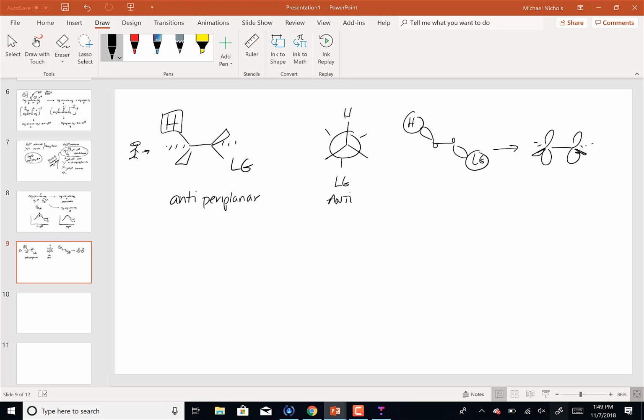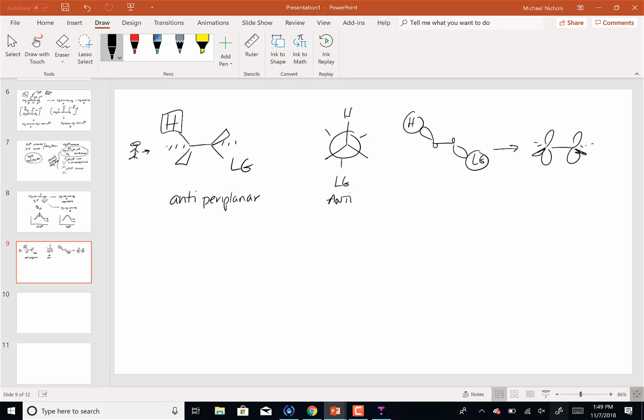They now overlap with two electrons, and I form the pi bond. So in order to form the lowest energy transition state, those two orbitals must be periplanar, and it must be such that the hydrogen is up here and the leaving group's down here for those lobes to grow appropriately.